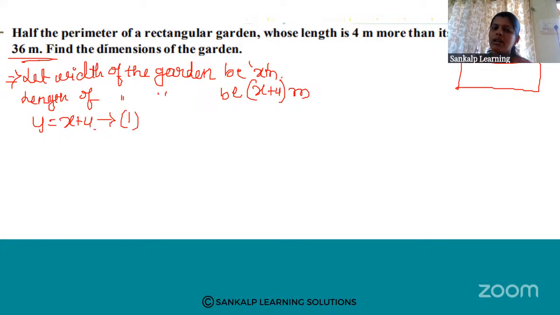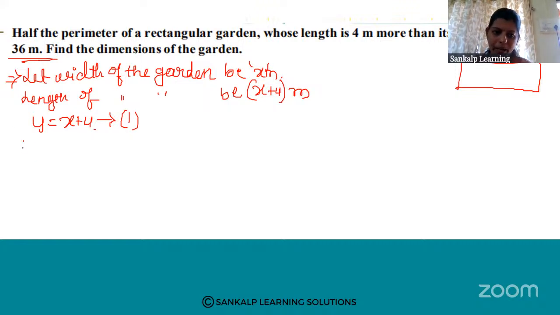Next, here we need to find the perimeter of the rectangle. Why? Because half the perimeter of the rectangular garden is given, that means we need to find out the perimeter of the garden. So what is the formula to calculate the perimeter of a rectangle? That is 2x plus 2y, or 2l plus 2b, right?